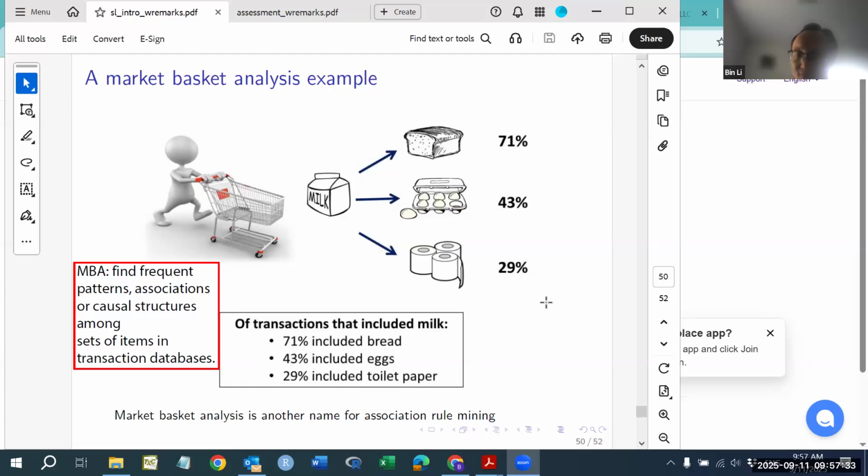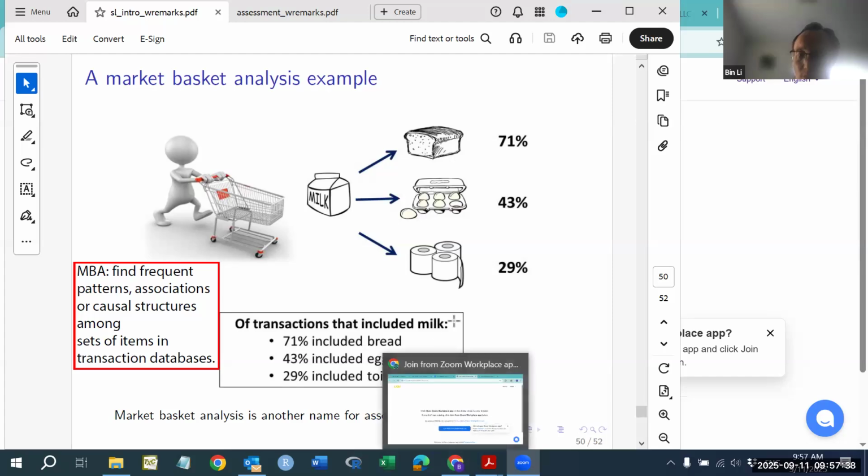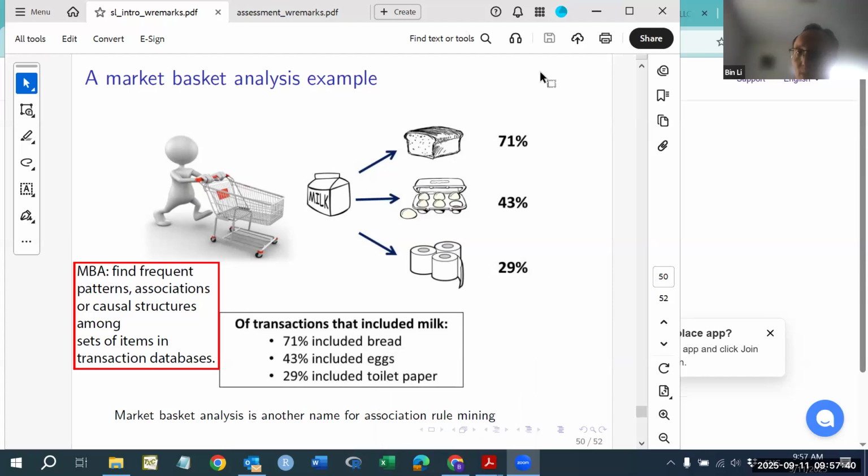So you can see there is a very strong association between milk and bread, right? Of course, we know these associations, but this is just an example.